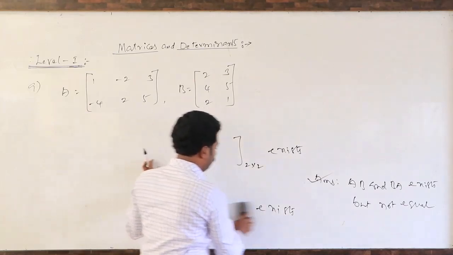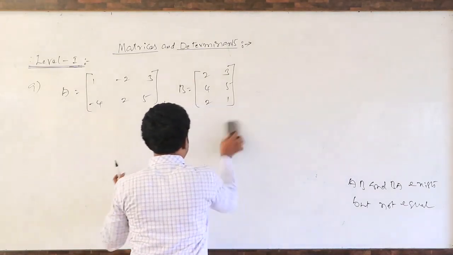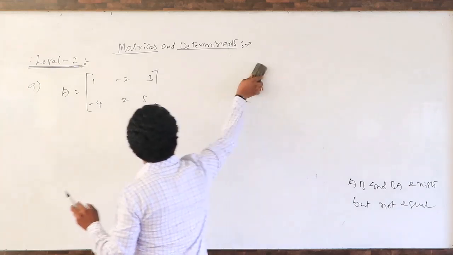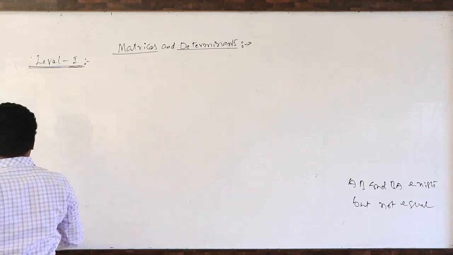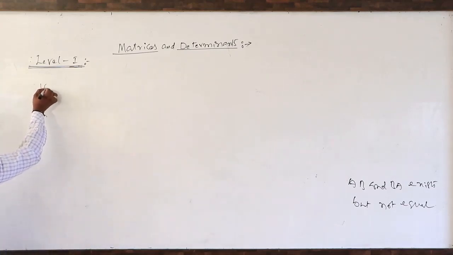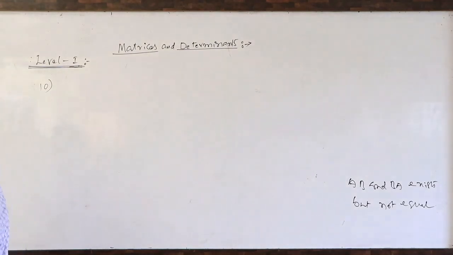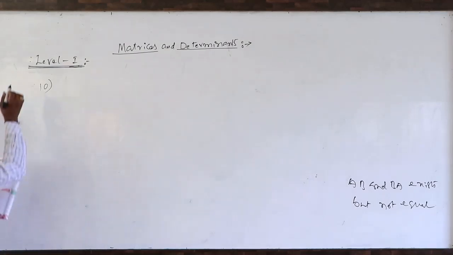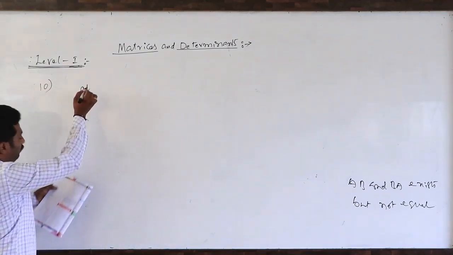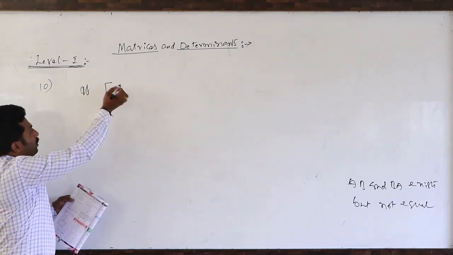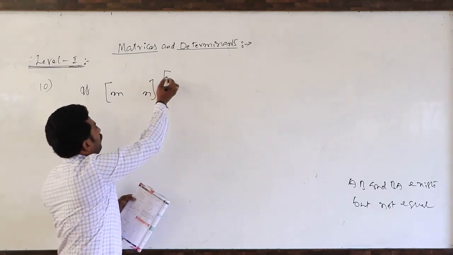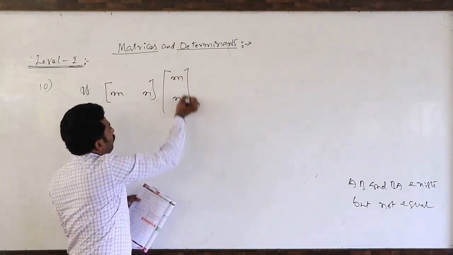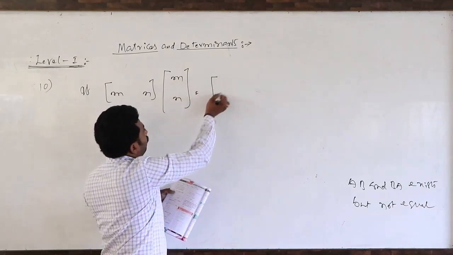Next question. Number 10. One matrix is given as [m n], another matrix is [m; n], and their product equals [25].